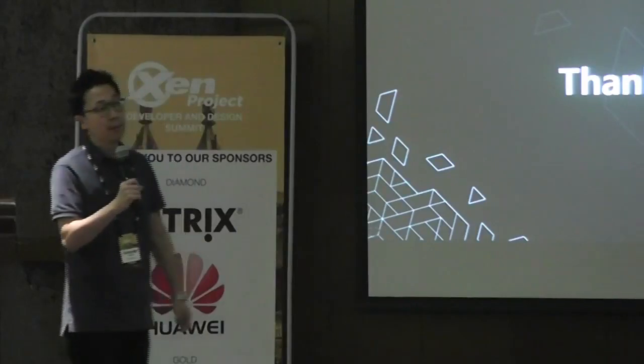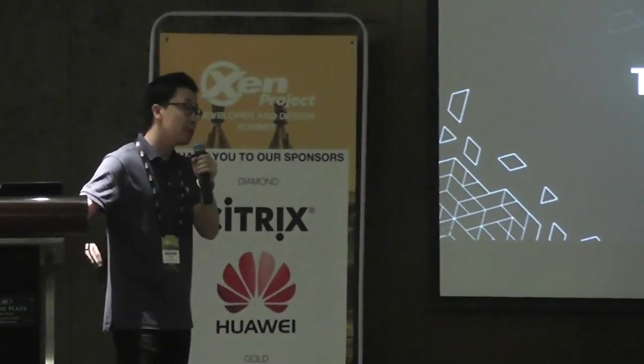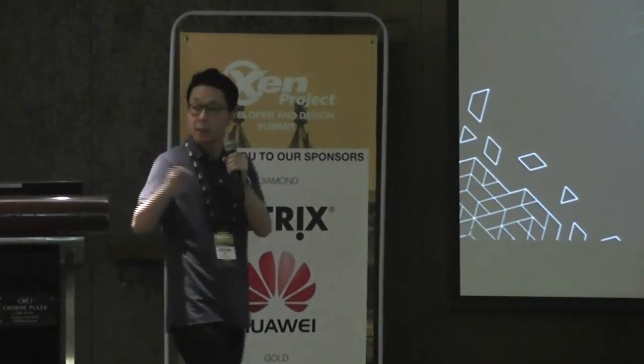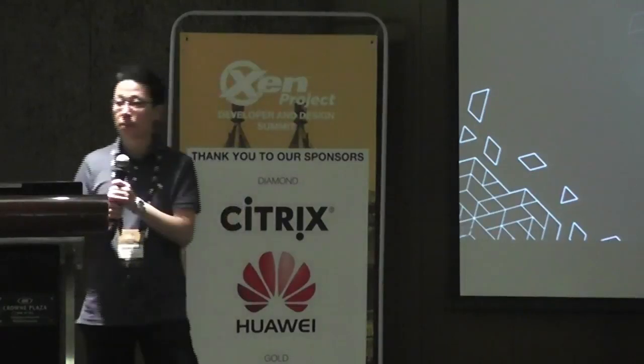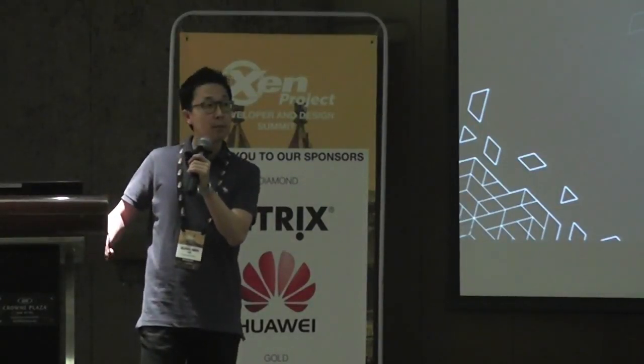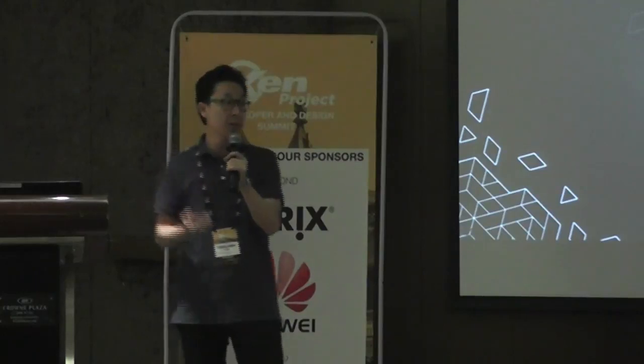How fast do you expect it to boot? We already achieved 69 milliseconds, the Xen booting time. That's what you want to have, or that's the number you have? That's what we wanted. Yeah, we achieved our goal.